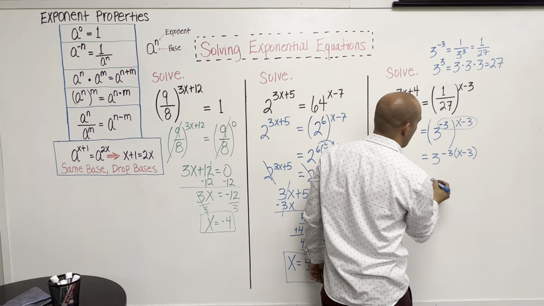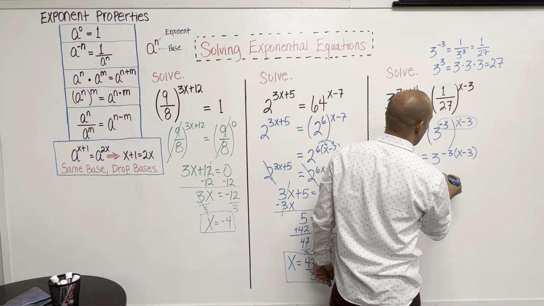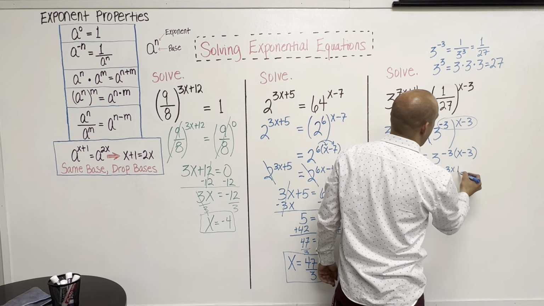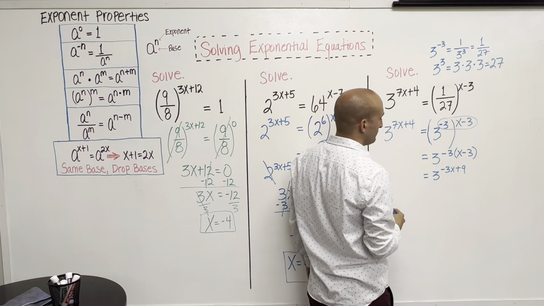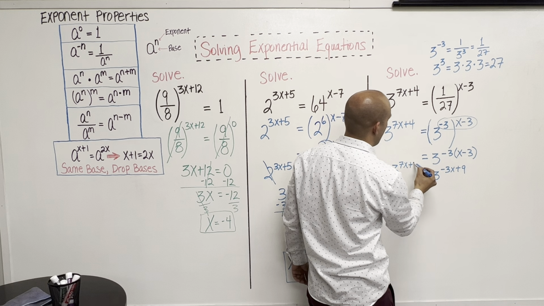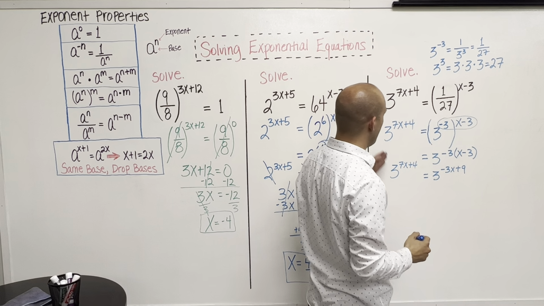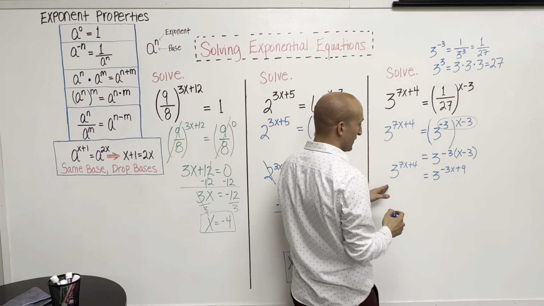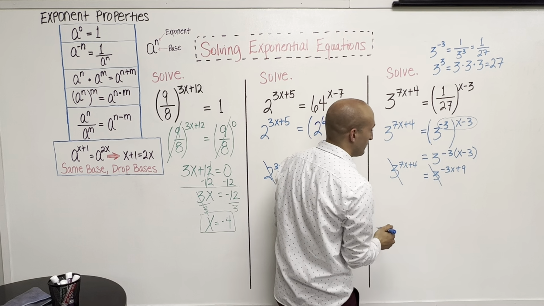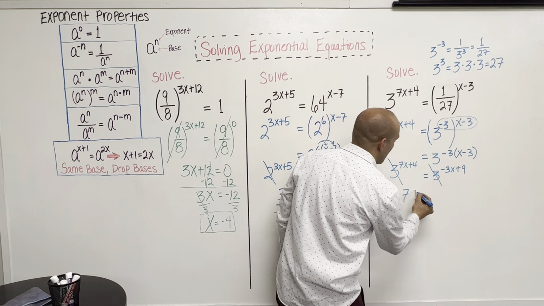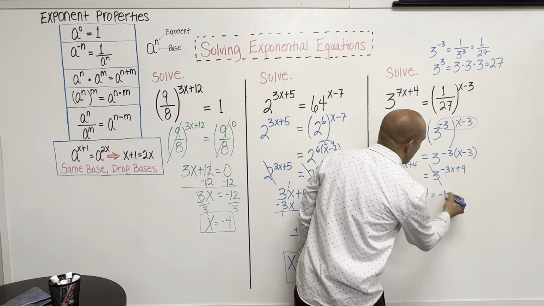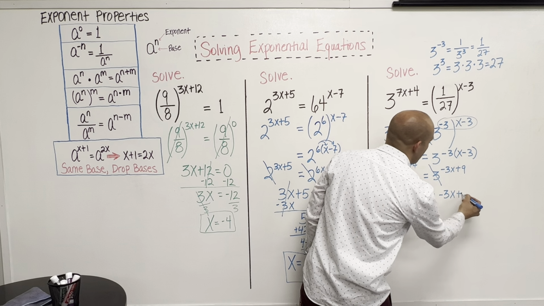And if I distribute here, I'll be left with 3 raised to the negative 3x plus 9. I haven't done anything on the left side, so I'm just going to rewrite it. Same base, drop the base, and I'm left with 7x plus 4 equals negative 3x plus 9.